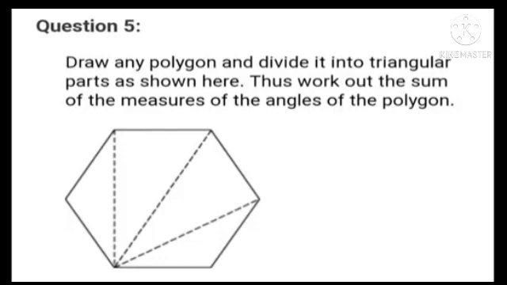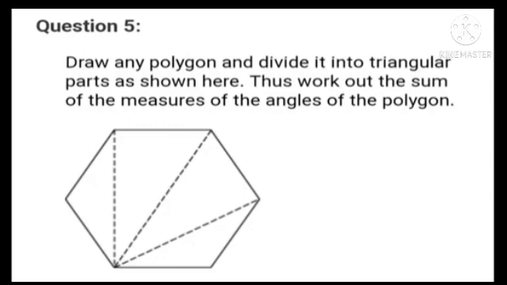Draw any polygon and divide it into triangular parts as shown here. Thus work out the sum of the measures of the angles of the polygon. Now we know already that when the polygon is divided like this into triangles, the sum of the angles of all the triangles will be the total measure of the angles of the polygon.